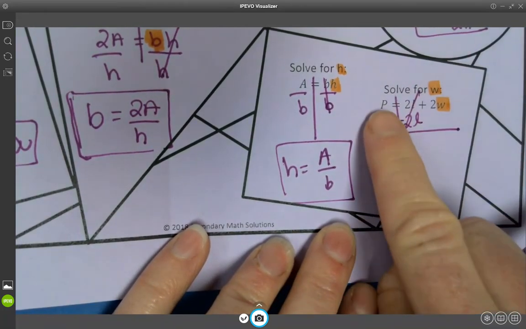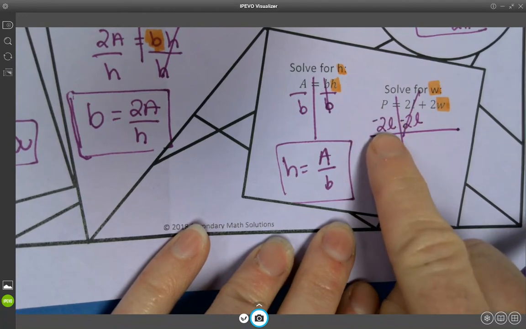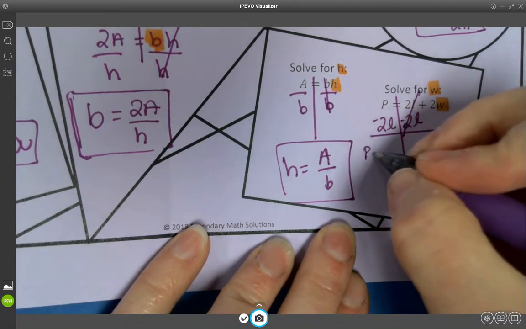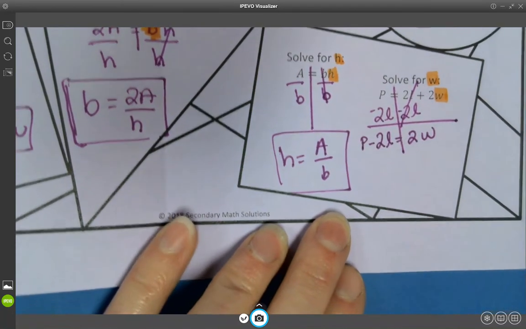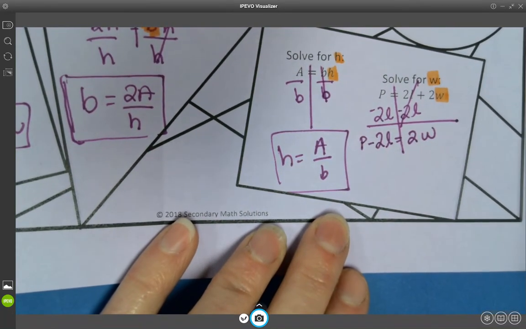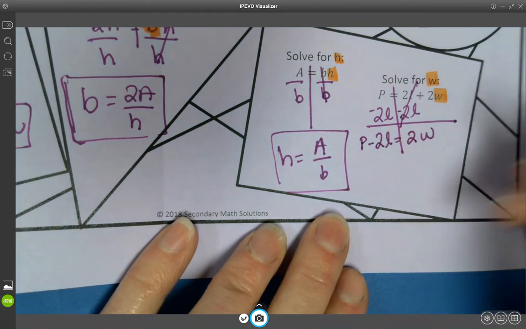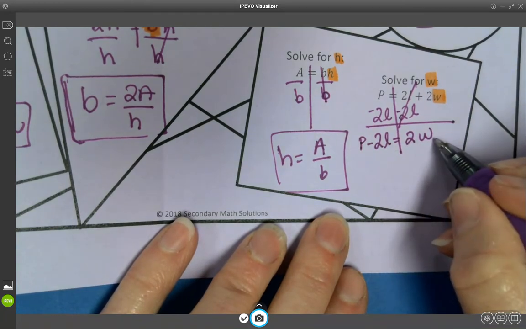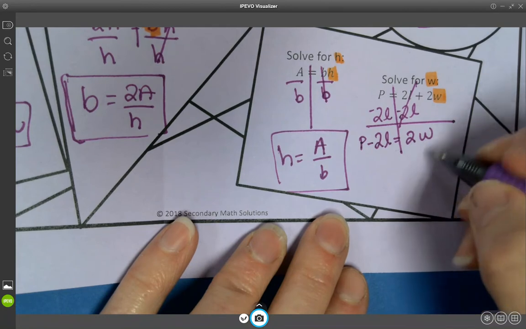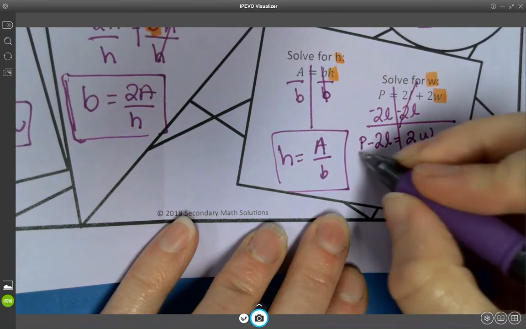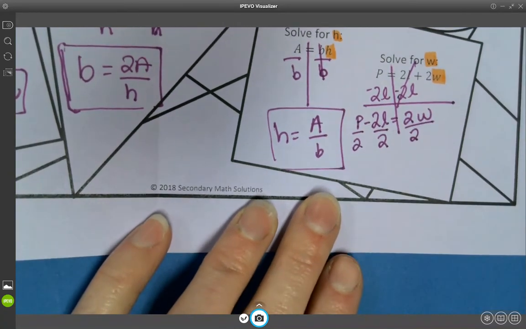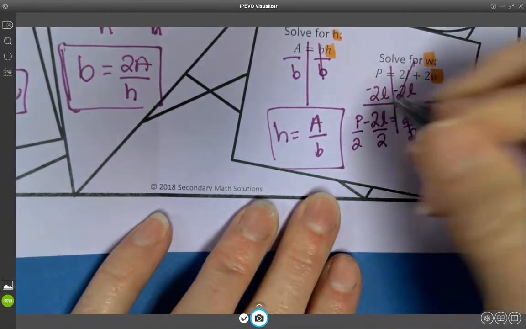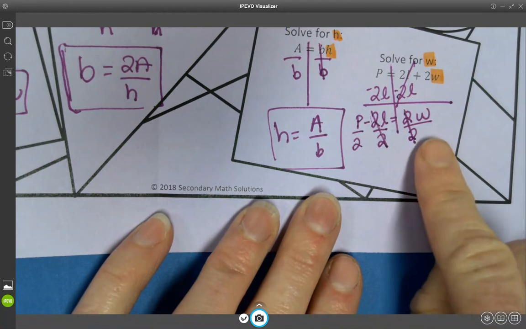You can't combine those because one has a P variable, one has an L variable. So we just rewrite it kind of like the y equals mx plus b. I'm just going to bring down that 2W. 2 times W, we need to get rid of what's in front of W, which is 2. So we're going to divide by 2 all the way through. 2's cancel here and there.